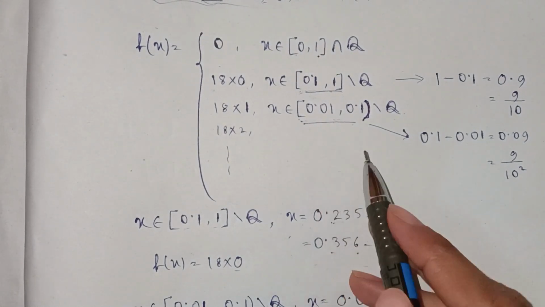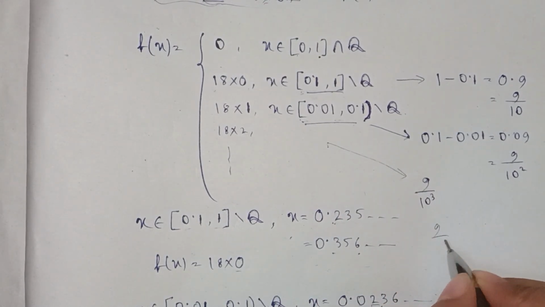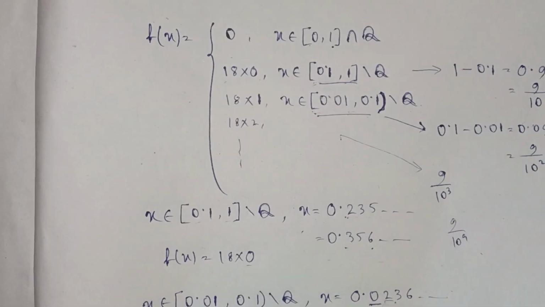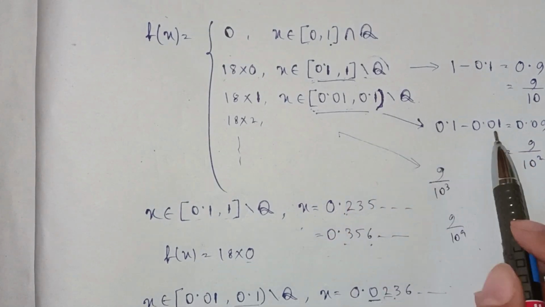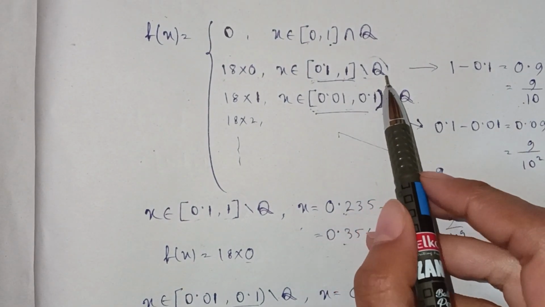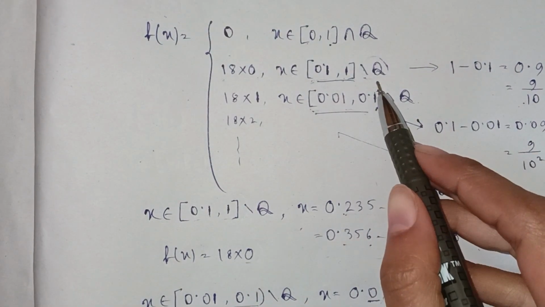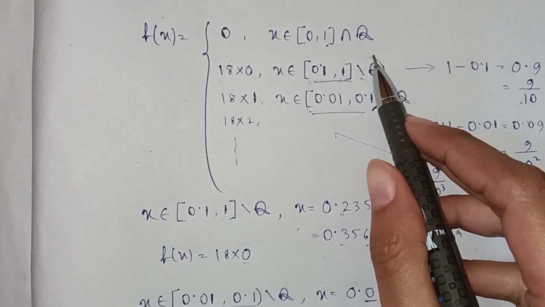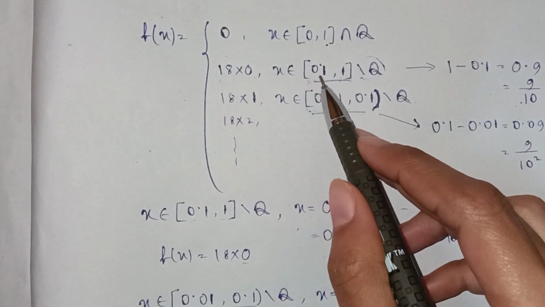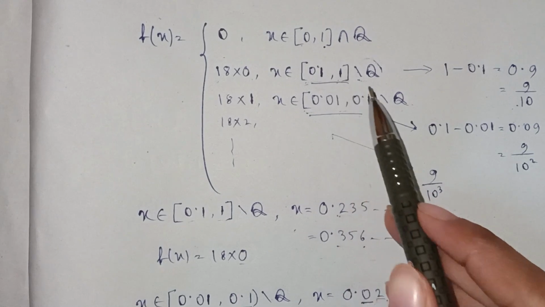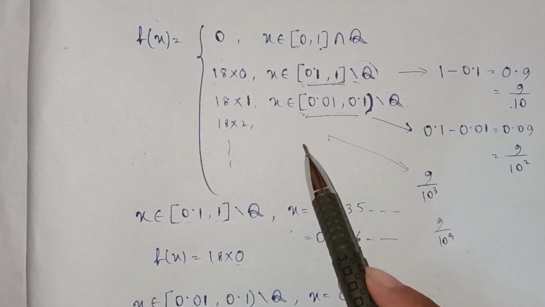Similarly, the length of the next interval will be 9 over 10 cubed, 9 over 10 to the power 4, and so on. Now, if we take out the rational points from this interval, what will be the length? We know the set of all rationals is a set of measure 0, right? So if we take out all the rational points from this interval, the length still remains the same, which is 9 over 10. Similar for all other subintervals.